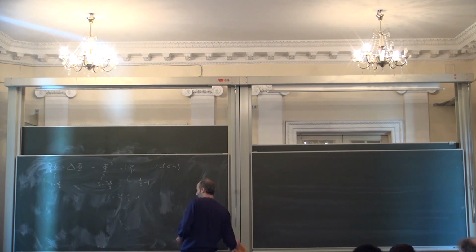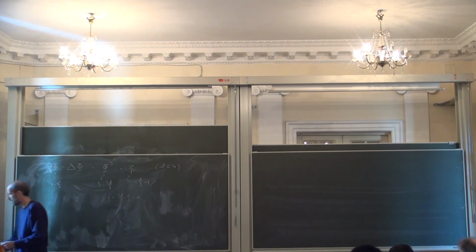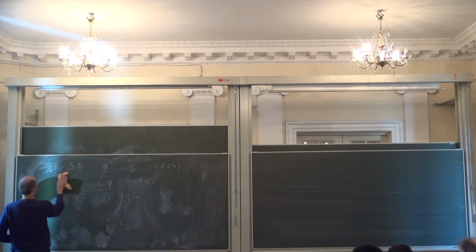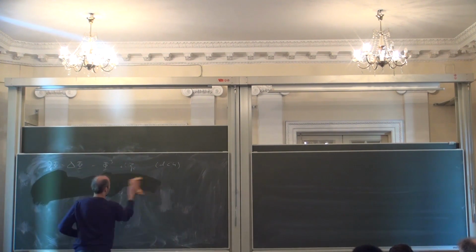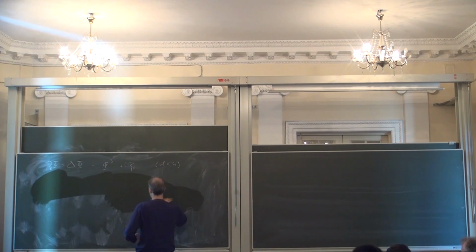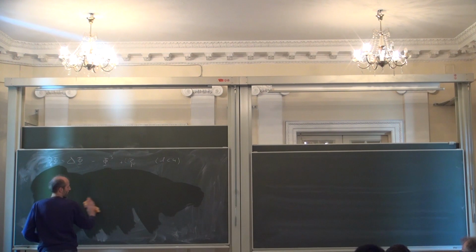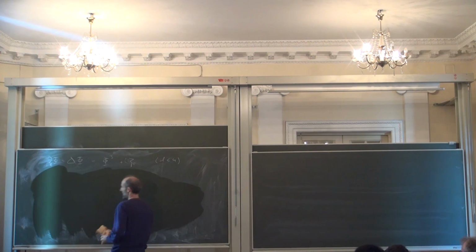Okay, so this is about this subcritical case, and now let me just remind you for a second, let me give you a slightly different perspective on the calculation we did yesterday.